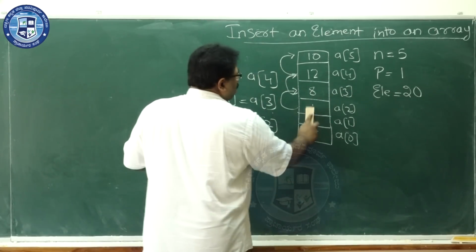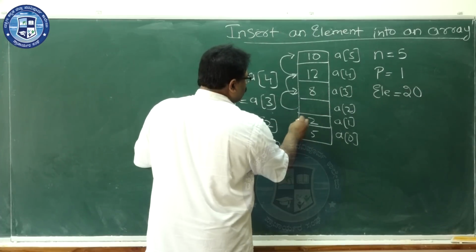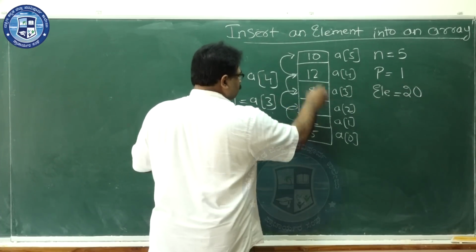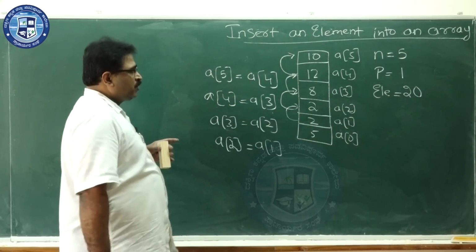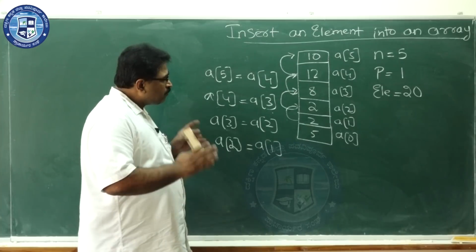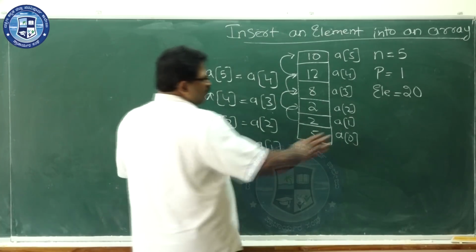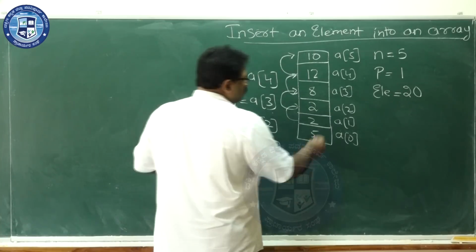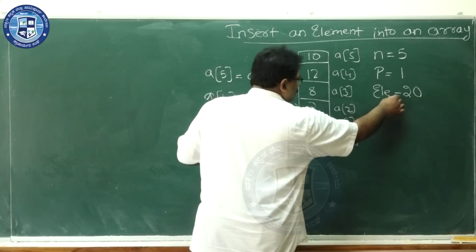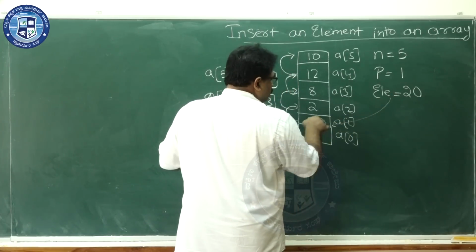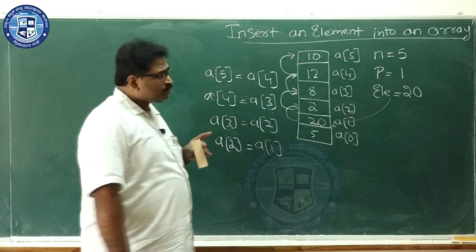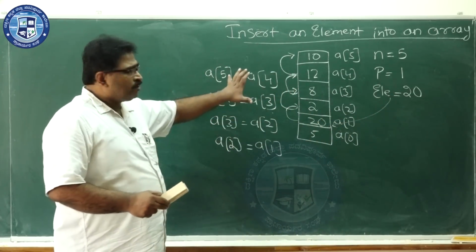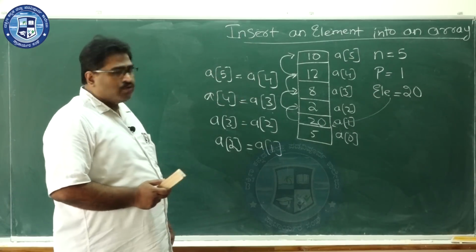It means I've shifted this 2 value up here. Now I have made a place for this element 20 to be stored here. So I can store this over here. This is how manually, we can see it works.